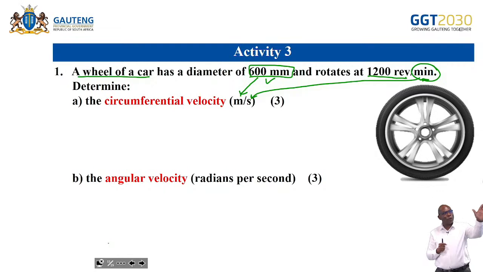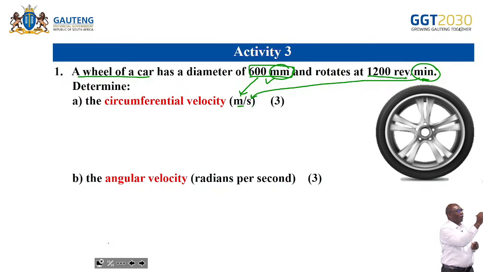Otherwise, if I just substitute the 600 and the 1,200 into my formula, my answer is not going to be correct, because I will not get meters per second, I'll get millimeters per minute.